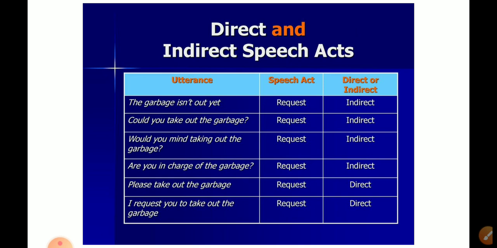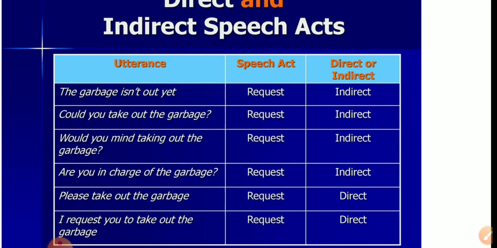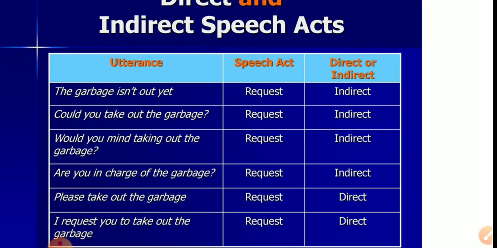So, direct and indirect speech acts. The chart shows you the structure of the sentence and the function of the sentence. For example, see the first utterance, the garbage isn't out yet. Speech act is request, direct or indirect? Indirect speech act. Could you take out the garbage? It's a request.